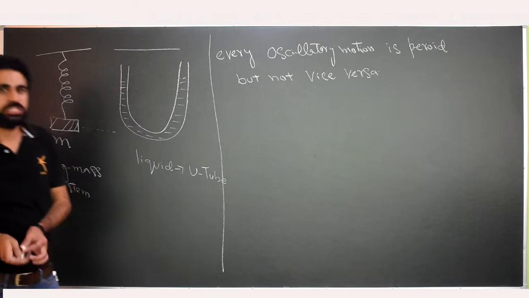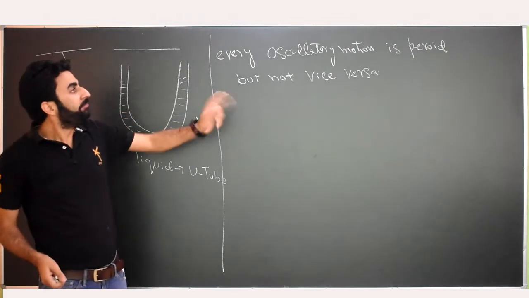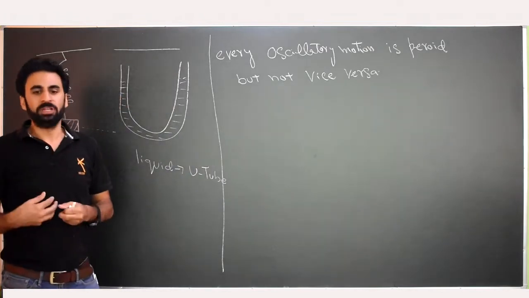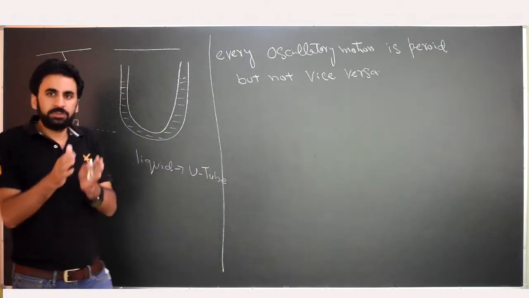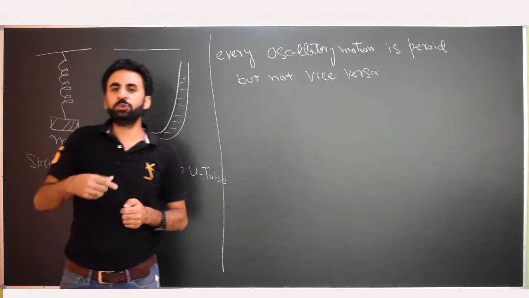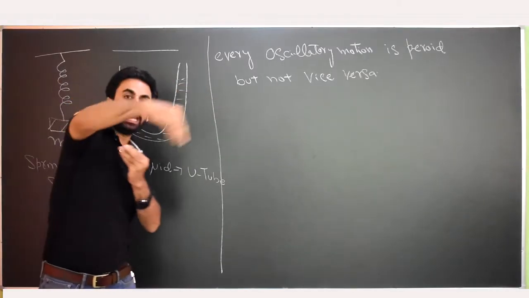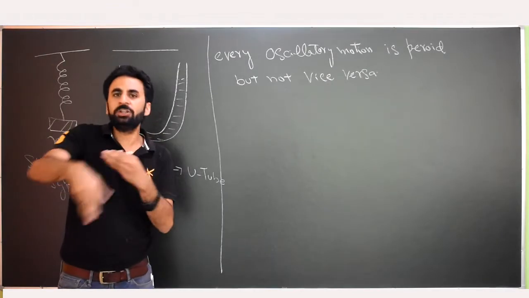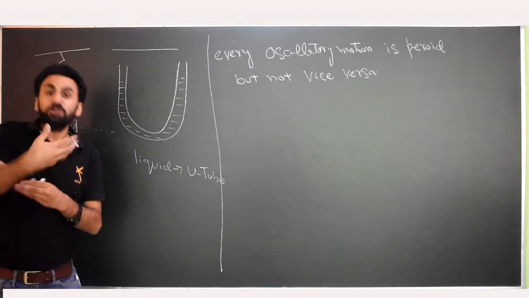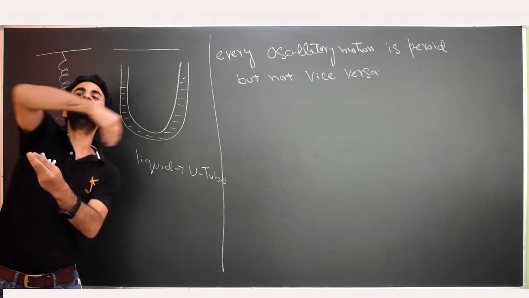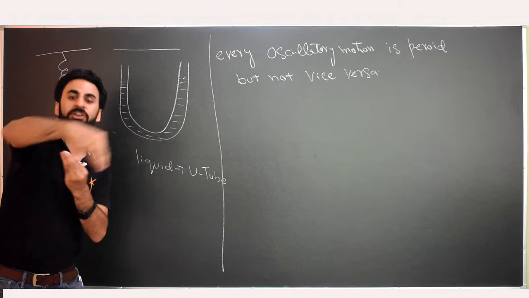Means every oscillatory motion is periodic, but every periodic motion is not oscillatory. Now let's take an example. In the earlier context, while giving examples of periodic motion, we took the example of the revolution of Earth around the Sun. It is periodic because it is repeating after equal intervals of time, but it is not oscillatory, because oscillatory motion cannot go through a complete circular motion and a complete revolution.